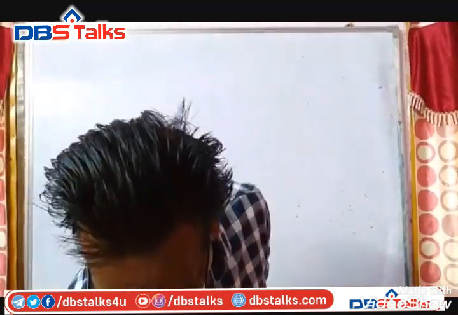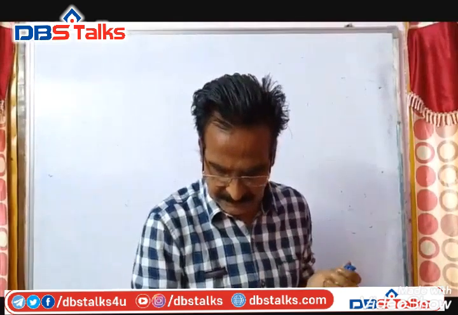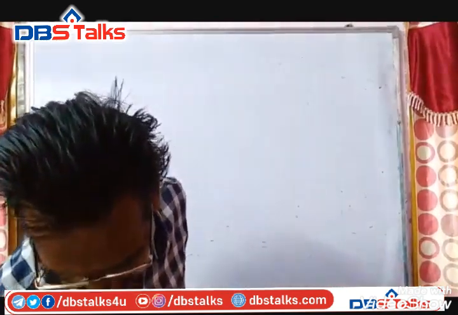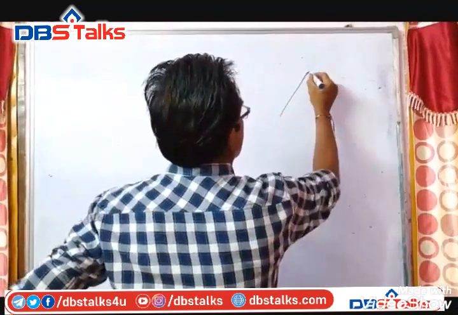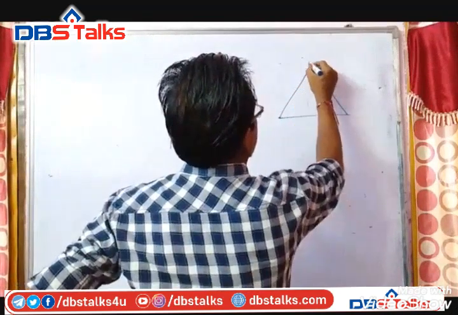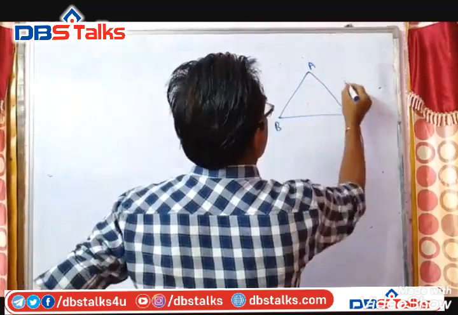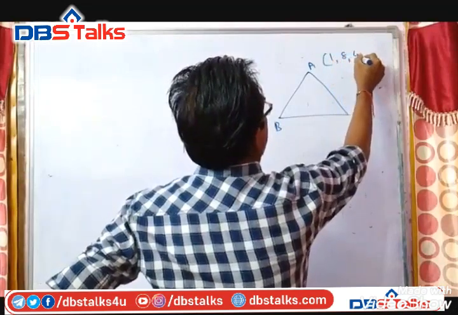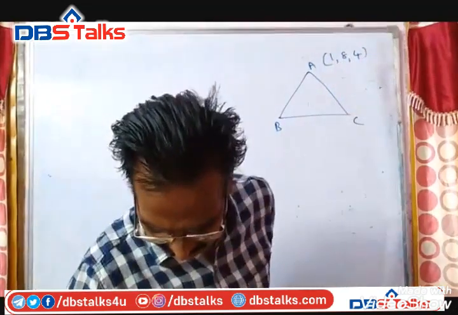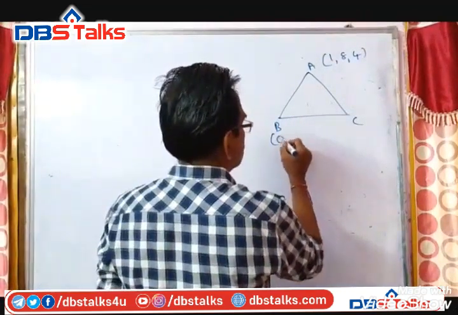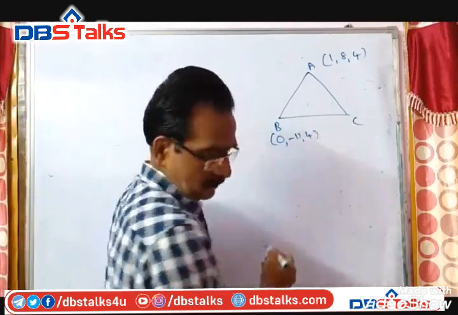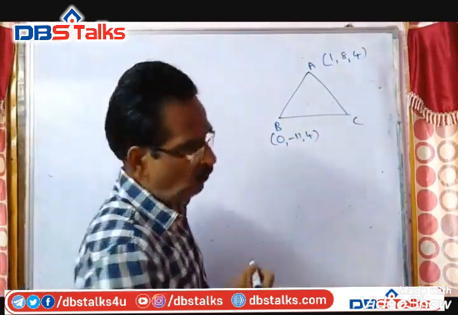Okay, friends, let us see the second problem. The coordinates of A, B, C are 1, 8, 4, 0, minus 11, 4, and 2, minus 3, 1.